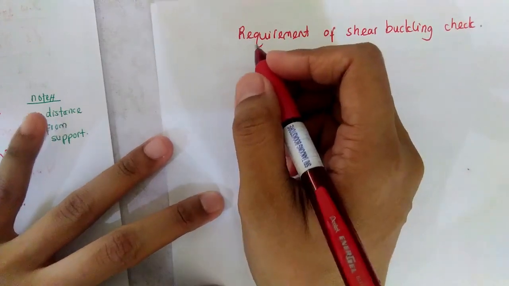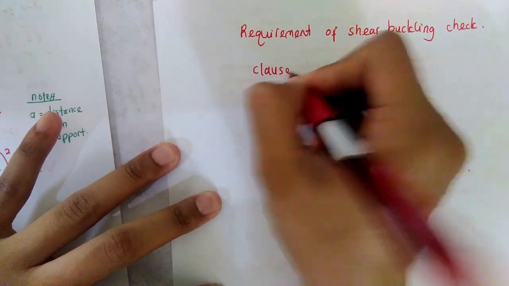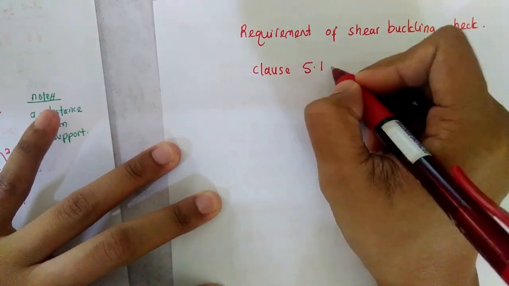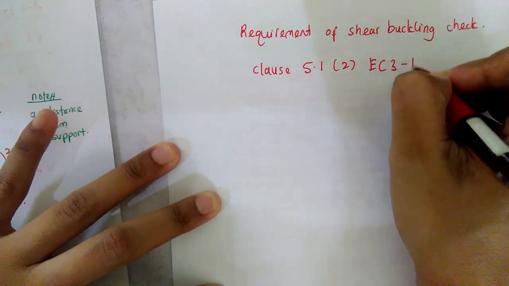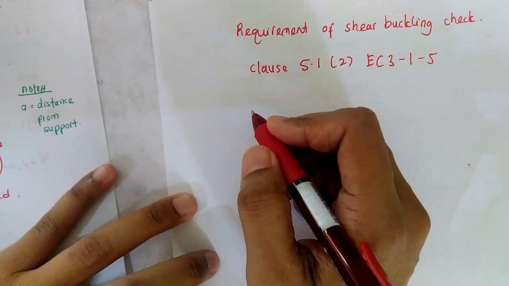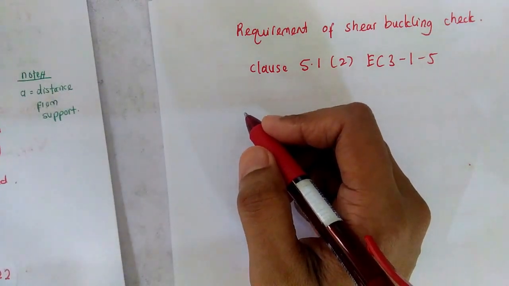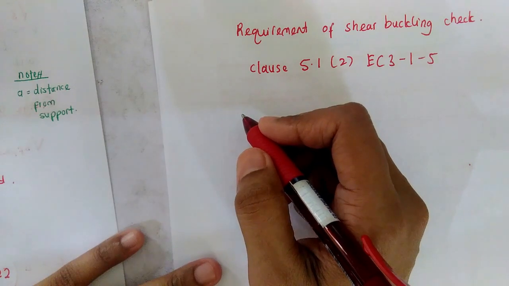So as previously said, you need to refer to clause 5.1 to EC3 part 1-5. All right. So in this case, our structure is considered as the stiffened web.